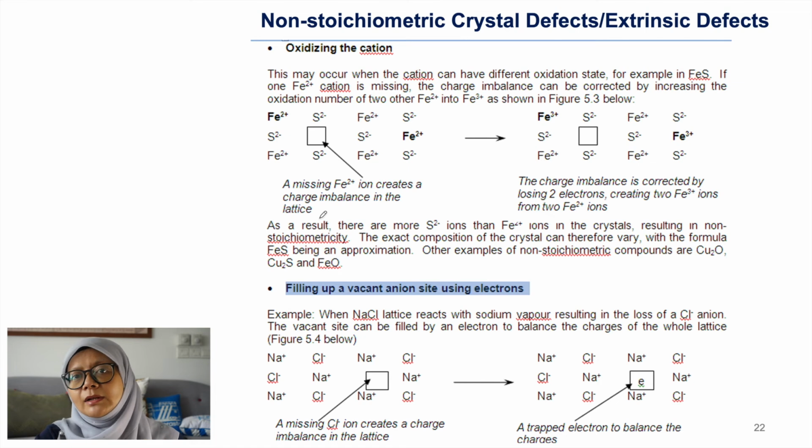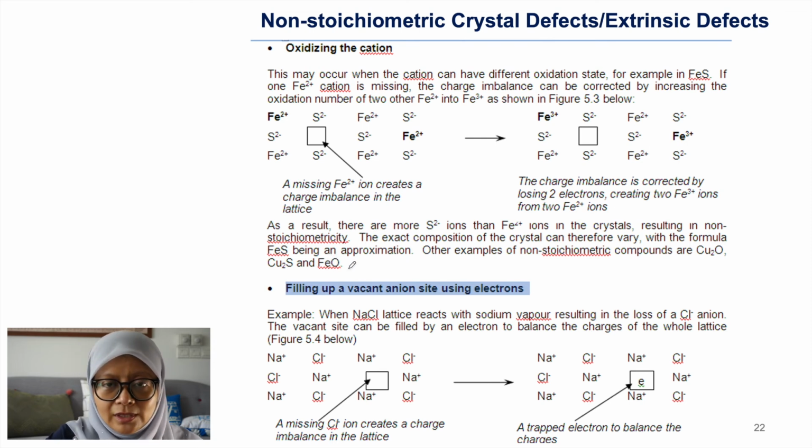As a result, there are more sulfides compared to iron 2 ions in the crystal, resulting in non-stoichiometry. Non-stoichiometric compounds can also occur in copper oxide, copper sulfide and iron oxide.